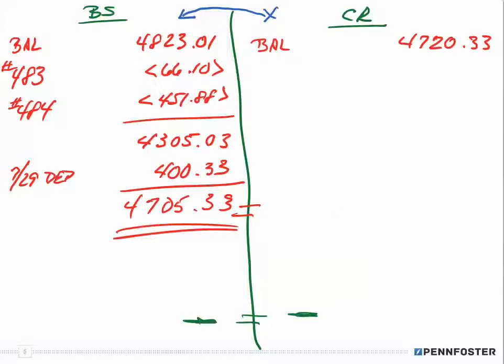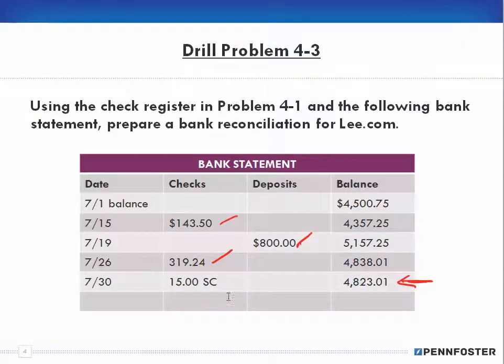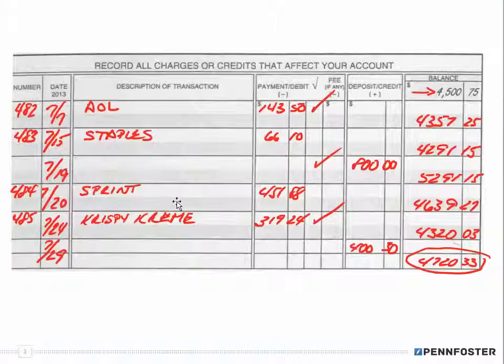Okay, so now we're going to do the second step. We are going to look at our bank statement, and whatever is on my bank statement that is not in my check register, I'm going to add it to my check register reconciliation. So when I come up to my bank statement, I see the only thing that I have is this service charge, because I haven't written it in my check register yet.